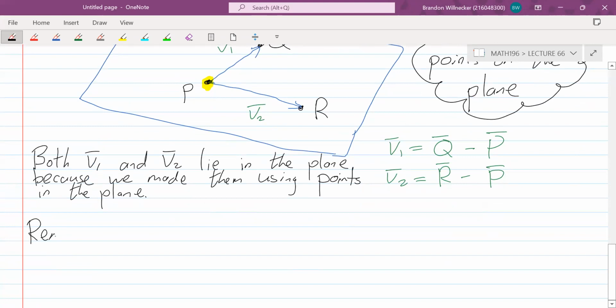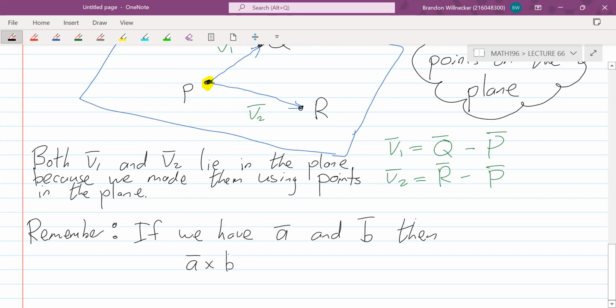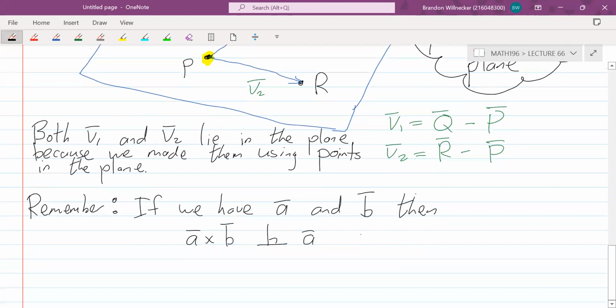So remember, if we have A and B, then the cross product, A cross B, is perpendicular to A, and A cross B is perpendicular to B. The cross product is always perpendicular to both of them.